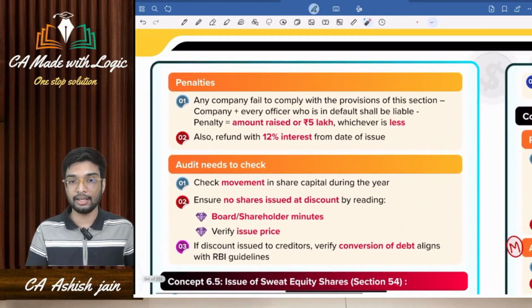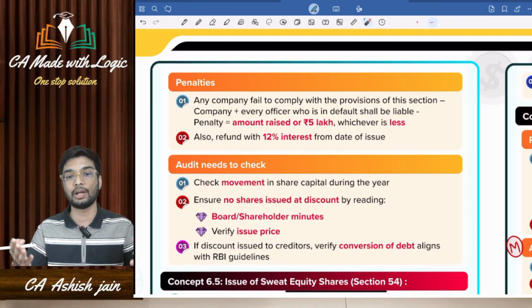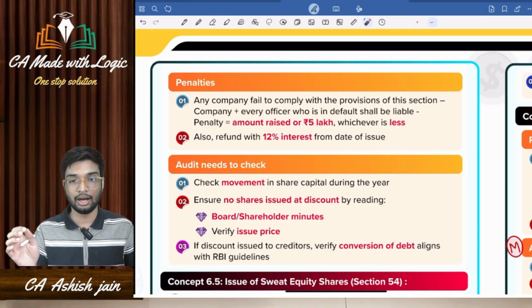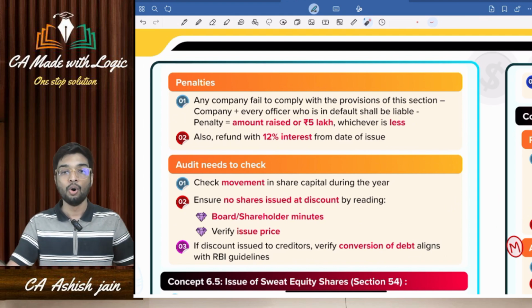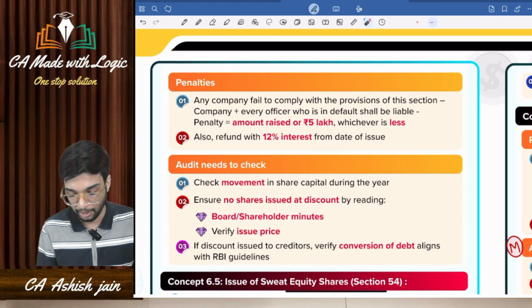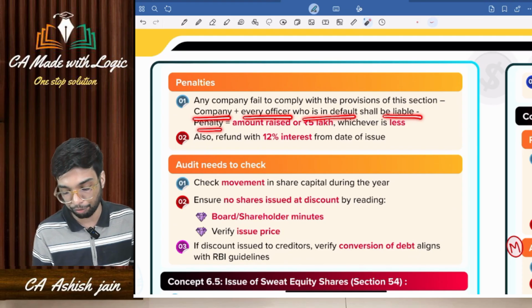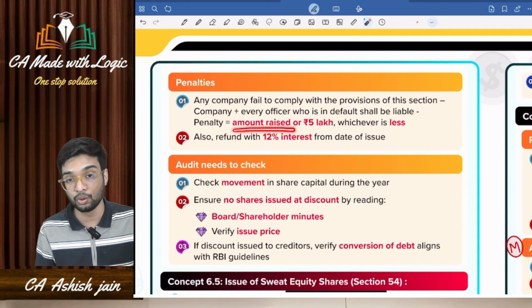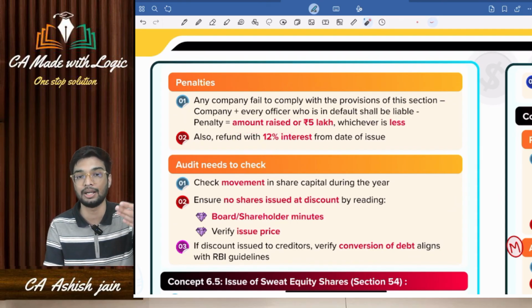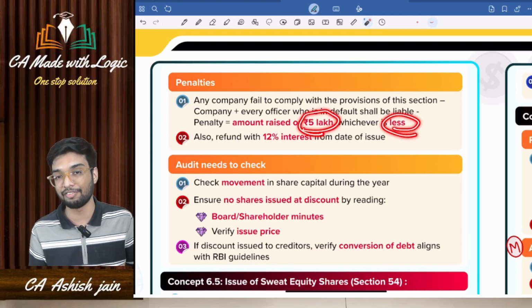If the company issues shares at a discount, what will be the penalty on the company or on the person dealing with the company? The company and every officer in default shall be liable for a penalty of the amount raised, for example 10 lakh rupees raised by issuing shares at a discount, or 5 lakh rupees, whichever is less.